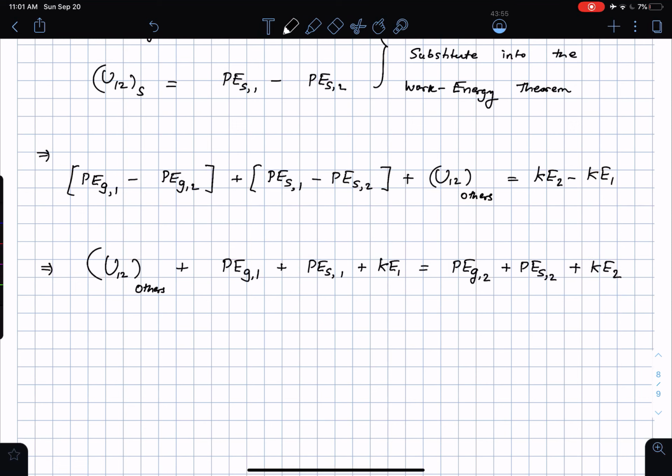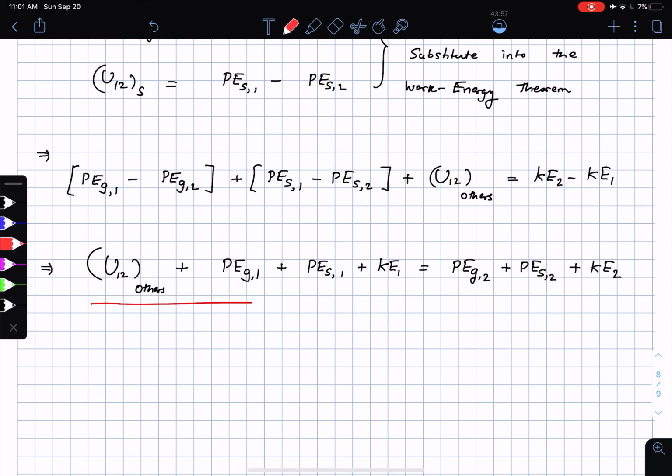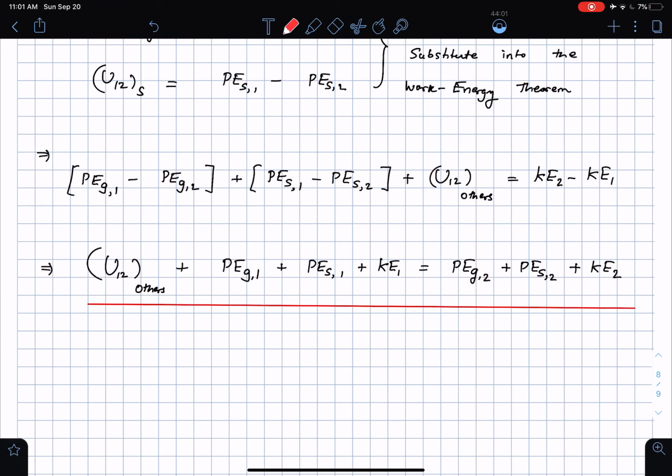This is the most convenient form of the work energy principle, the work energy theorem.